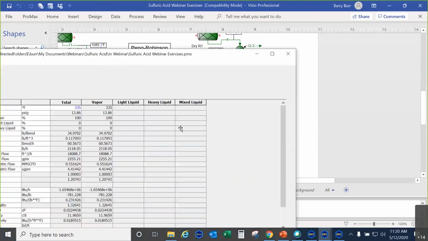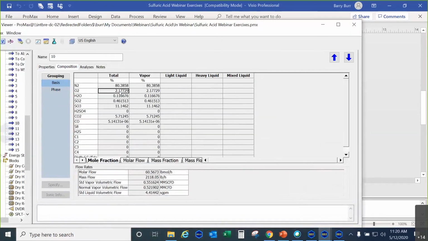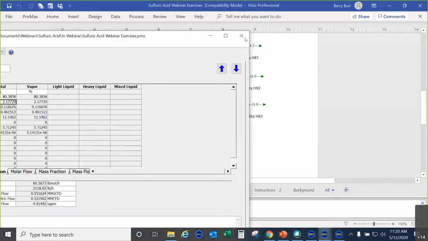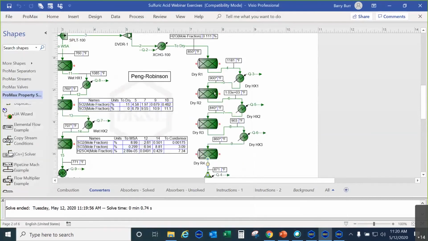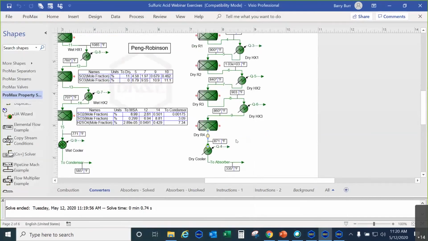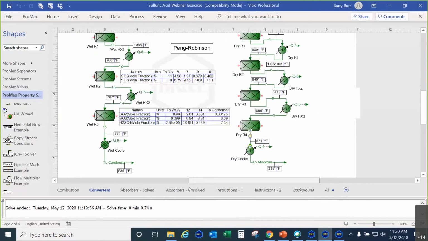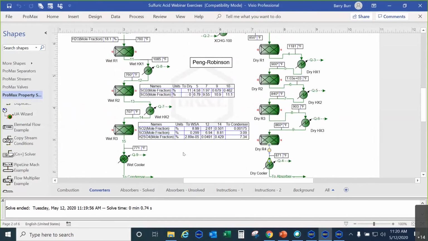We have oxygen left, and we still have oxygen here, so I think this is the performance you would expect out of this set of beds. So you're going to have that amount of SO2 in the outlet. You have much less SO2 in the outlet of the dry system. So that's one of the differences there. All right, any questions on that? That was fun, wasn't it?